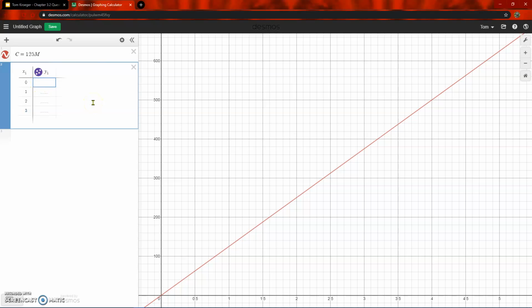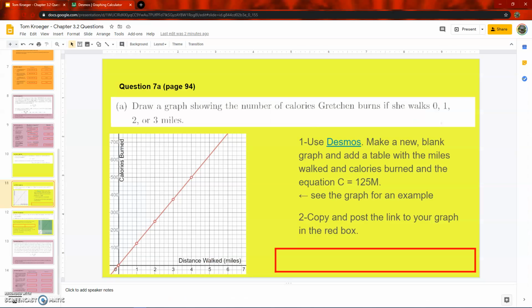Well, 0 miles would be 0 calories. 1 mile would be 125 calories. 2 miles times 2 would be 250. 3 miles would be 375. You can see all 4 points drop right onto the red line there. They're all right there. Okay.